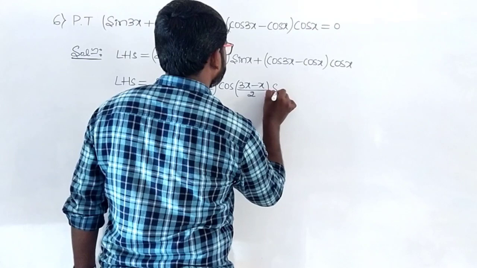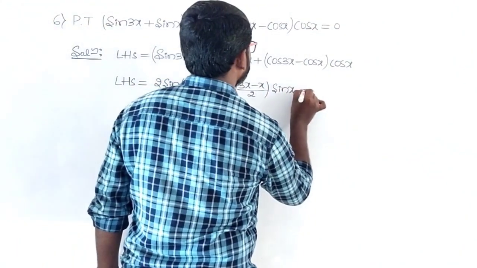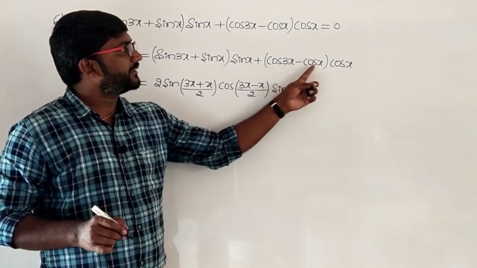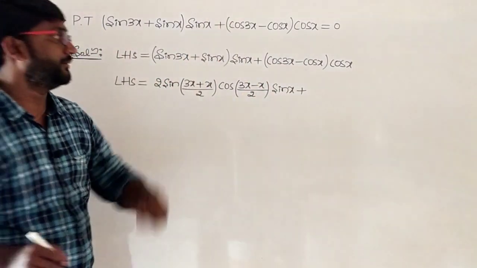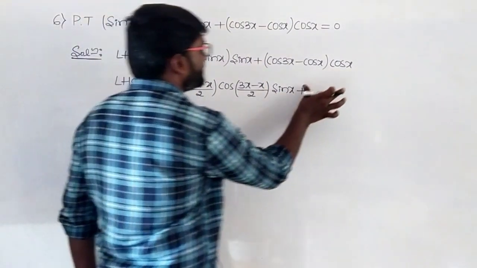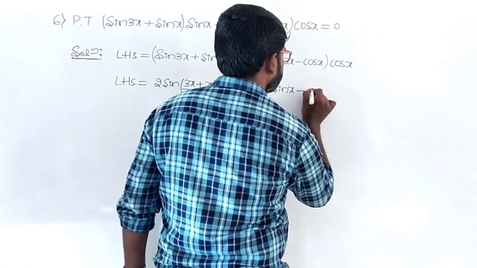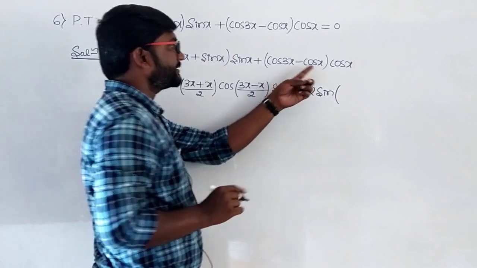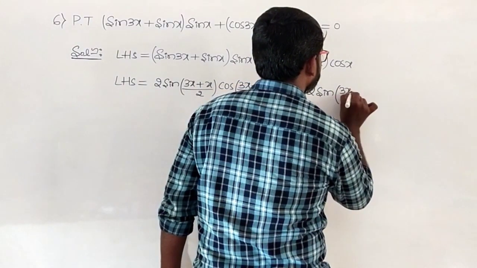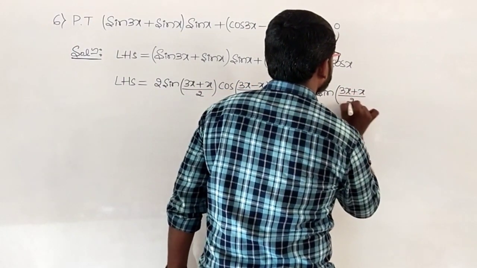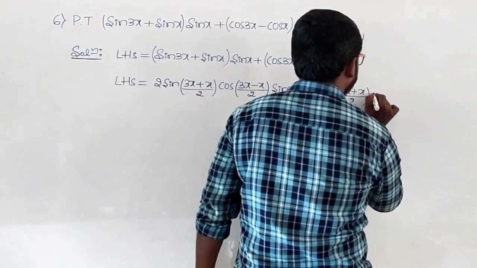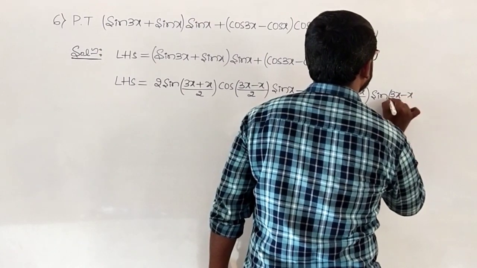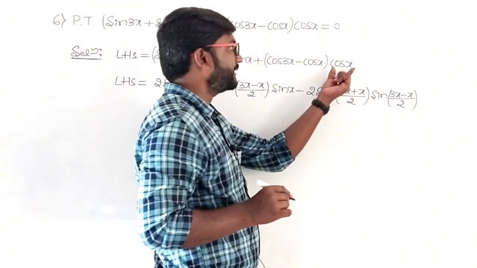Then plus, here we apply the cos x minus cos y formula. It will be minus 2 sin. So minus into plus becomes minus 2 sin of (3x plus x) divided by 2, into sin of (3x minus x) divided by 2, into cos x as it is.